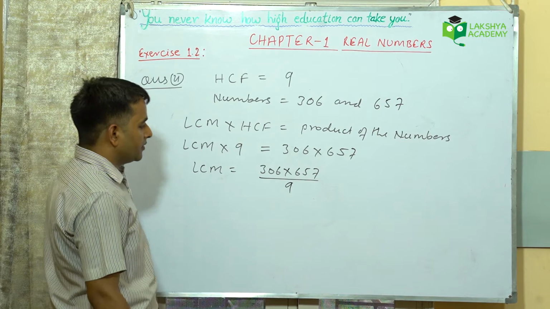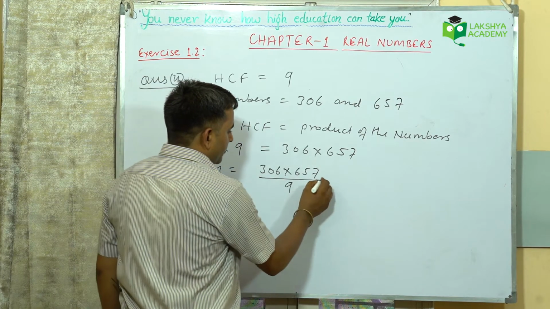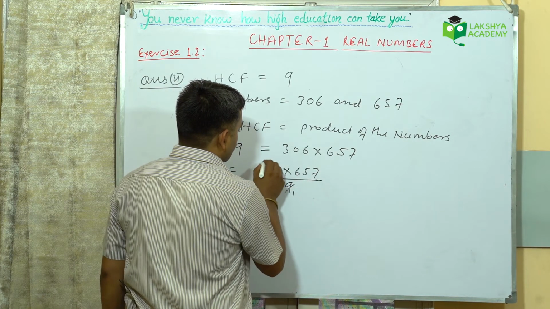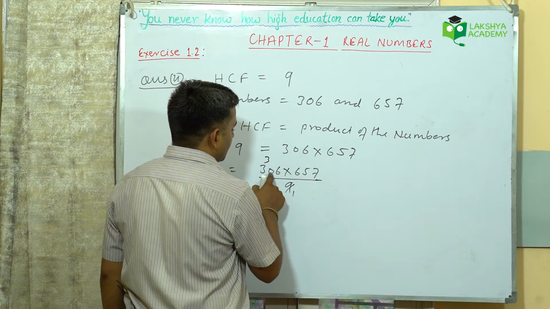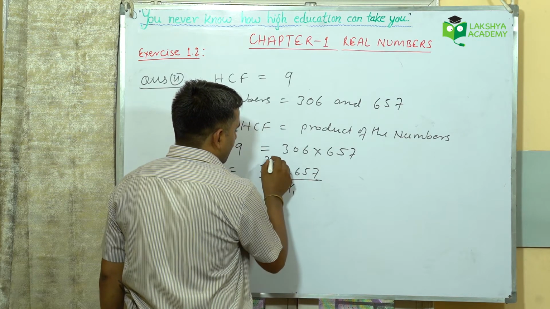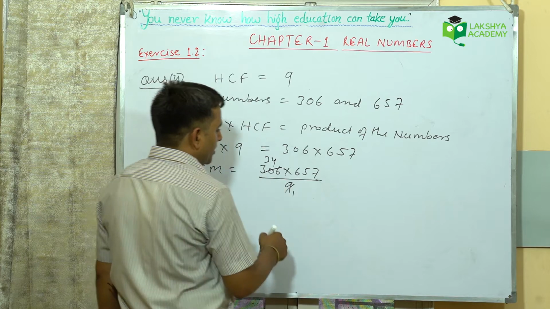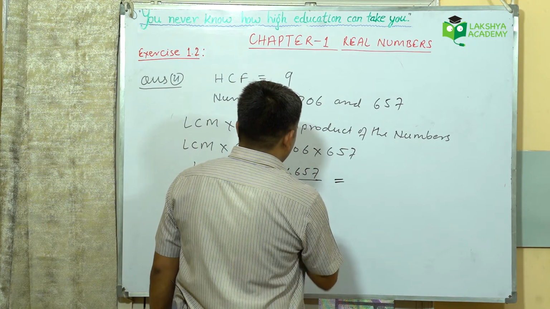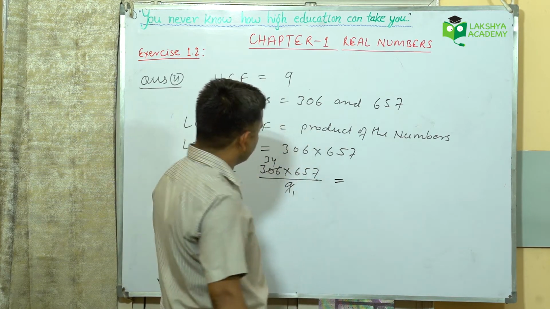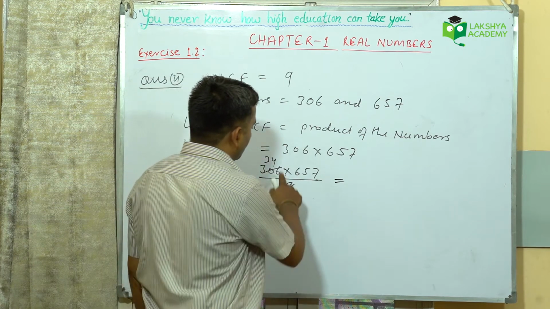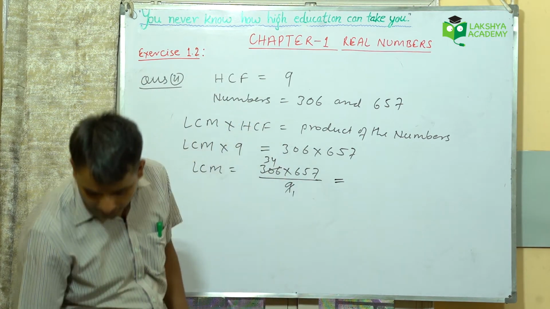So we will simplify it. 9 into 9, 9 3s are 27, carry 3, 9 4s are 36. So multiplying by this, we get 34. Multiply 34 by 657.